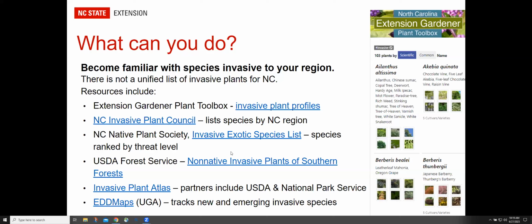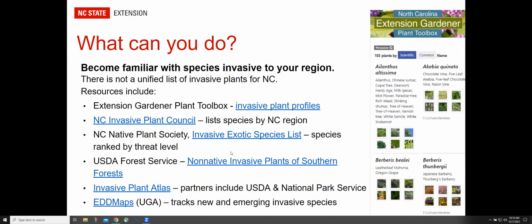Whereas we do have this noxious weed list for North Carolina, there's not one unified, everybody-agrees-on list of invasive plants for North Carolina, or there hasn't been a list of invasive plants put out by a regulatory agency. But there are a lot of resources, and there's a lot of consensus among these lists that you can consult.